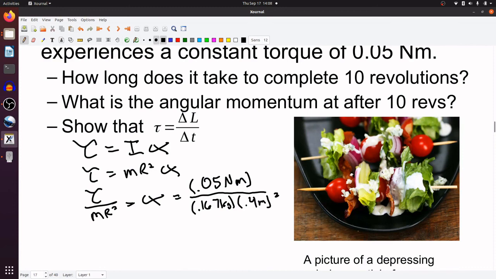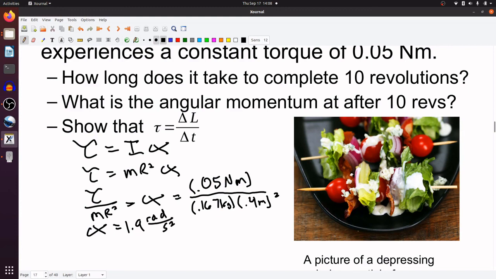Let's do some math. 0.05 divided by 0.167, divided by 0.4 squared, is going to give me 1.87 radians per second squared. Okay, that looks okay. Alpha is equal to 1.87, and we're going to round it up to 1.9.